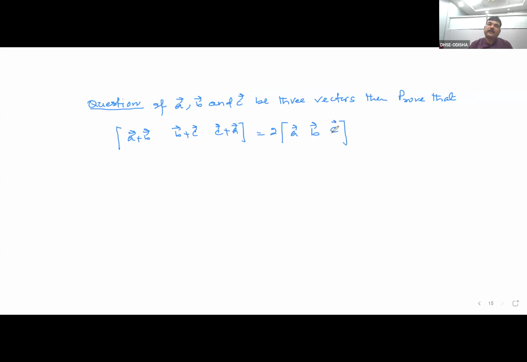Box product of A plus B, B plus C, C plus A is equal to twice of box product of ABC.